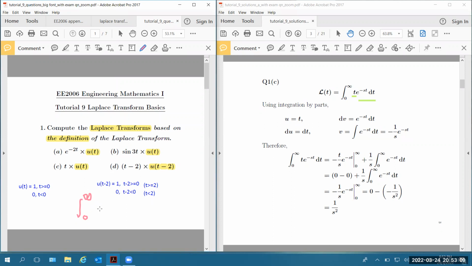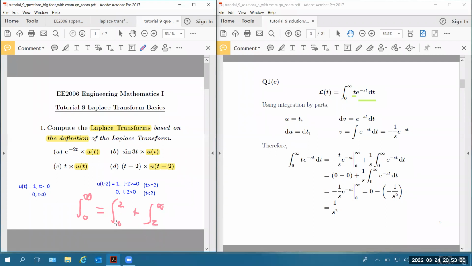Therefore, your integration from 0 to infinity you can split into 0 to 2, plus 2 to infinity.